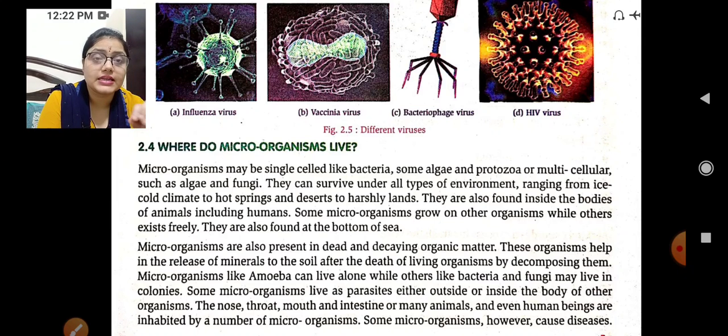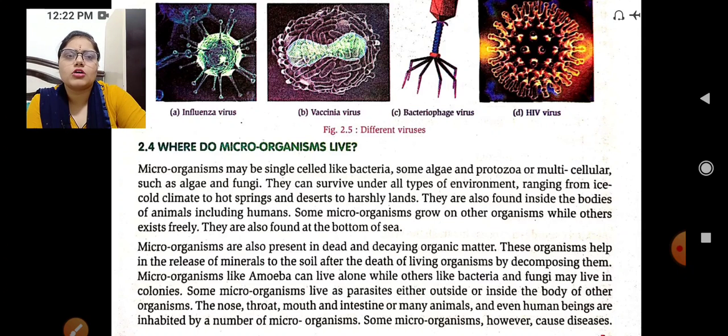They are present in our nose, throat, mouth, and even intestine. We don't even realize that a number of microorganisms are present in our sense organs.